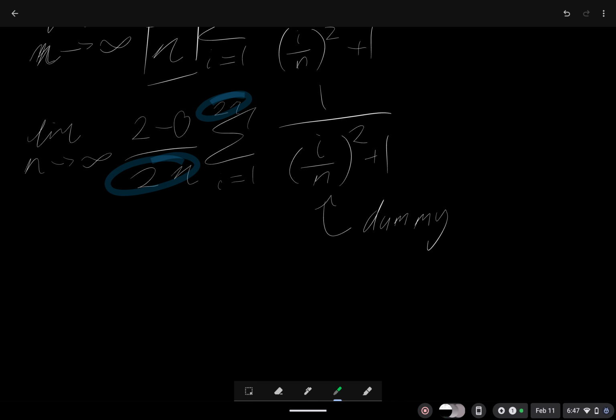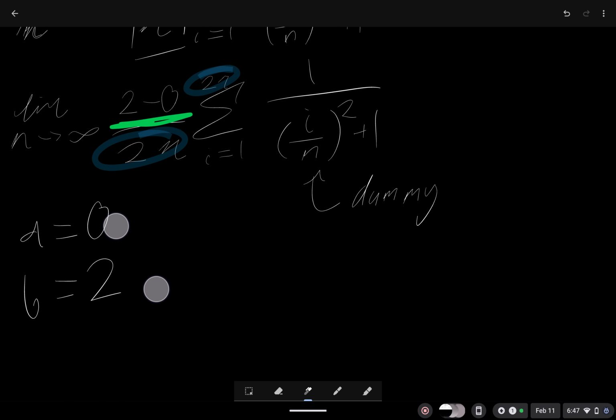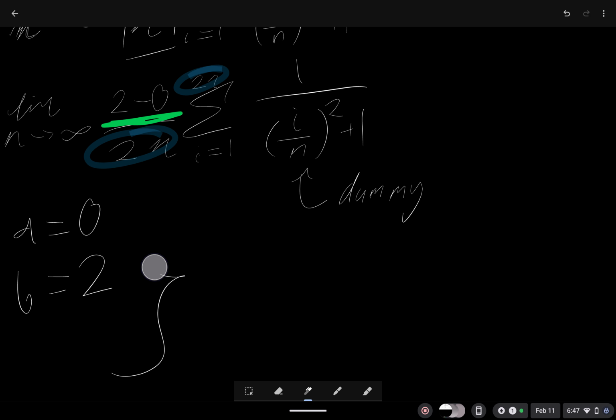Now back to our integral. We see that here we have 2 minus 0, and this is actually great because these denote the boundaries of our integral. Let me write this with the pen. a is equal to 0, whereas b is equal to 2. Now we can begin constructing our integral.